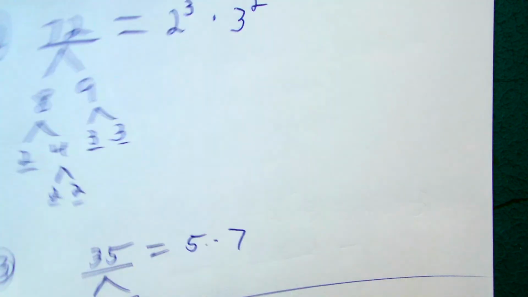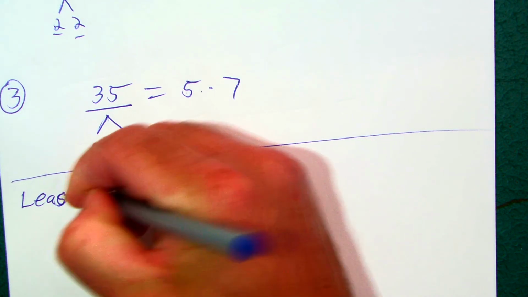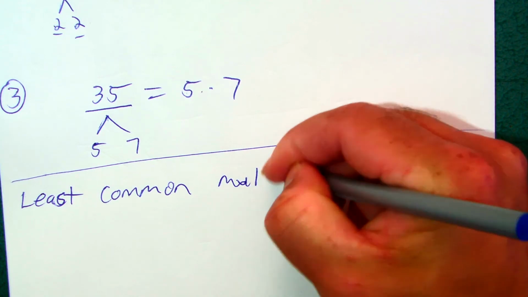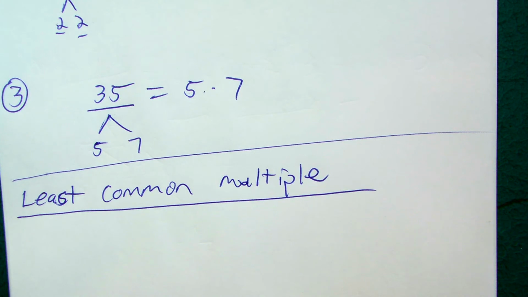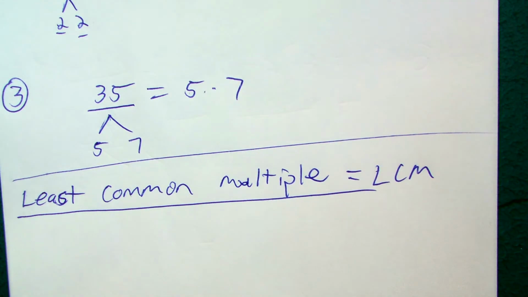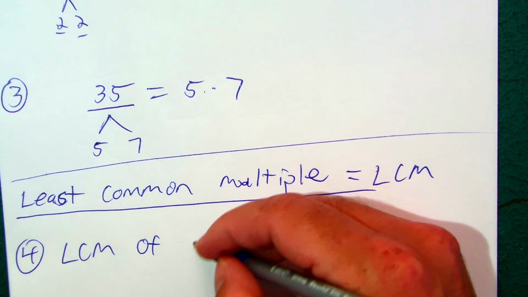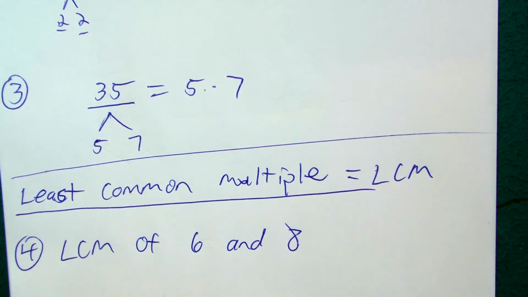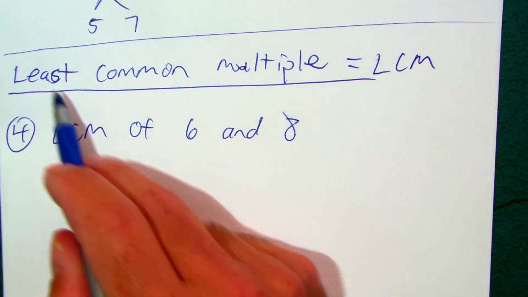All right, so the last thing we're going to talk about is least common multiples, LCM, which is what I'm normally going to say. 6 and 8 is a good example here. 6 and 8 have a lot of common multiples, but you're looking for the least common multiple.